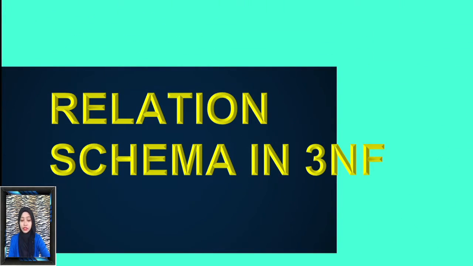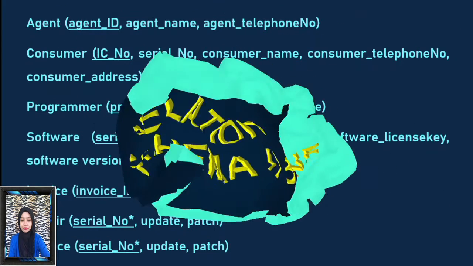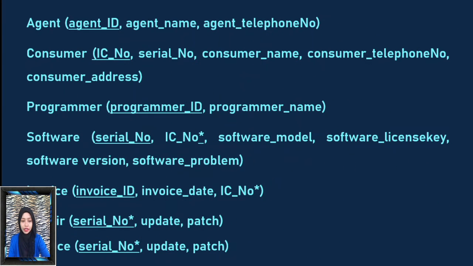So for the relation schema in 3NF, we have PK, that means primary key, and also FK as a foreign key. So agent has its own primary key, which is agent ID. And consumer also has a primary key, IC number. Programmer has primary key, programmer ID.